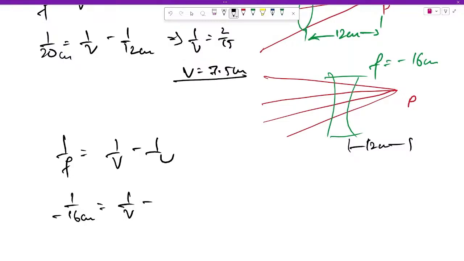The distance is going to be positive, so we will use 12 centimeter over here. Now solving this, we will get 1 by v is equals to 1 by 48, that is v equals to 48 centimeter. So again it would be 48 centimeter to the right of the lens, and in the first case it was 7.5 centimeter to the right of the lens.